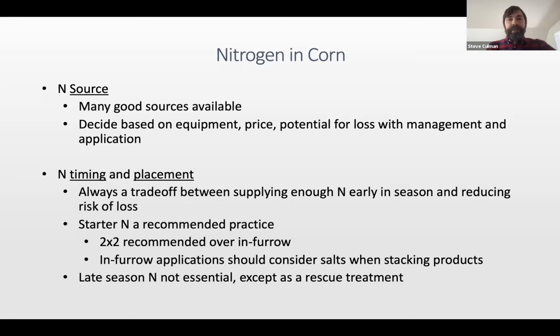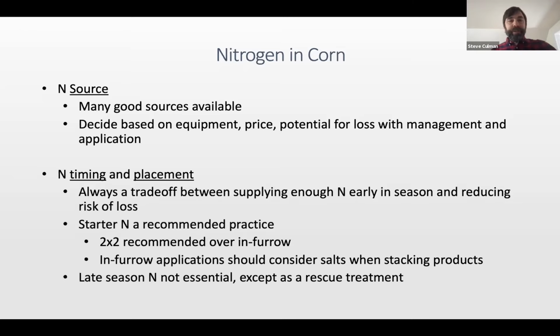So the issue of what kind of nitrogen source you're using is not a terribly important or particularly interesting question. That varies across the state in terms of availability, with some places running more anhydrous than not. UAN, of course, is becoming increasingly popular as a flexible nitrogen source.